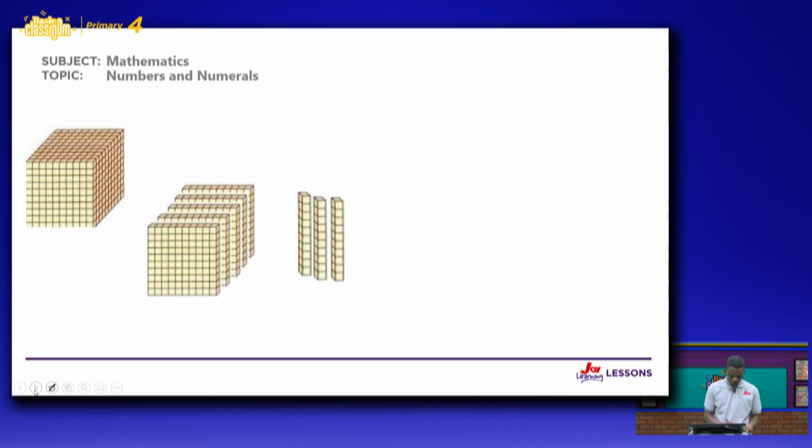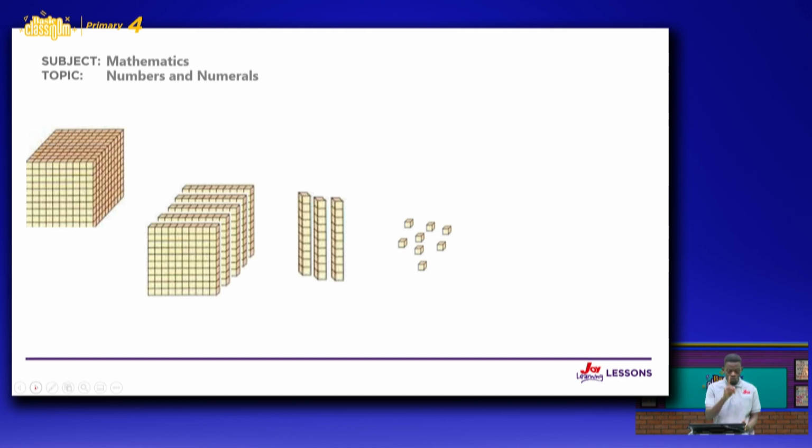Good. So what do you think this representation will be? Just remember that the block will be for hundreds of thousands, the flat is for tens of thousands, the long is for thousands, and the unit is for hundreds.